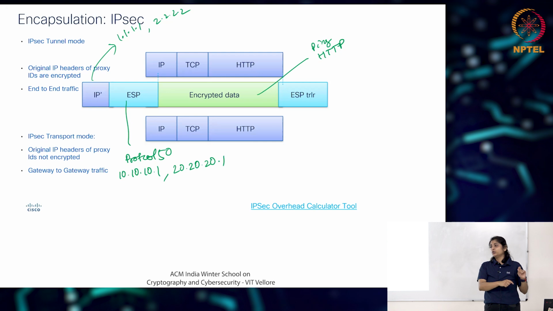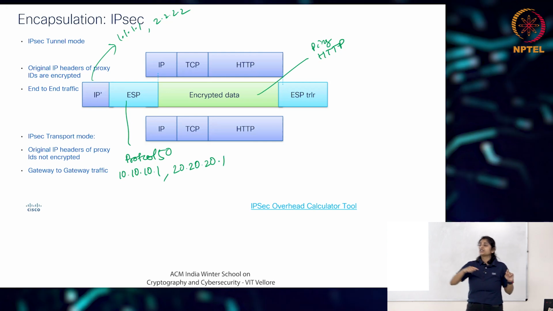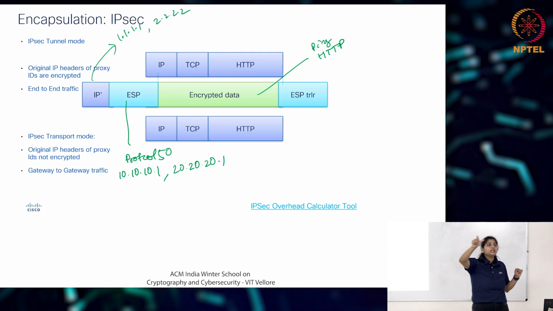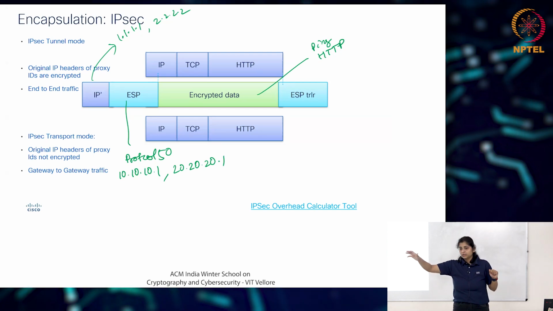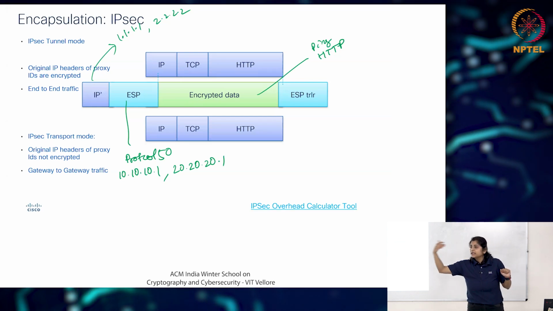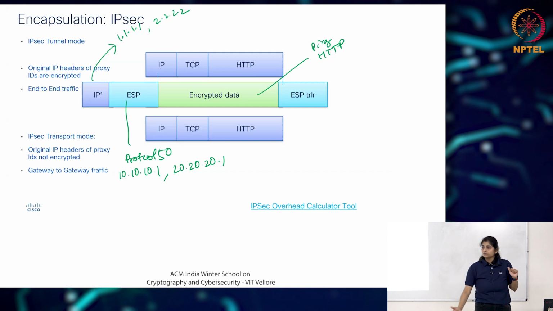That is the tunnel mode. When you use transport mode, the IPs of the PCs that we talked about, the endpoints, will be visible. There are use cases for transport mode as well. They're lightweight, they carry the traffic faster, and so on.